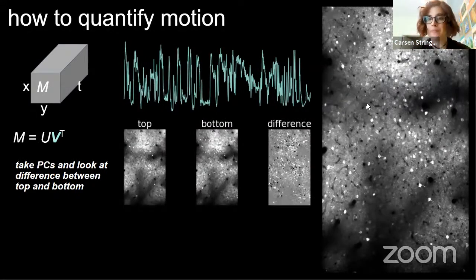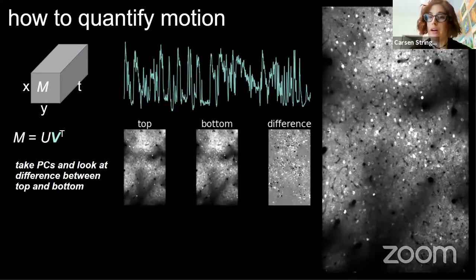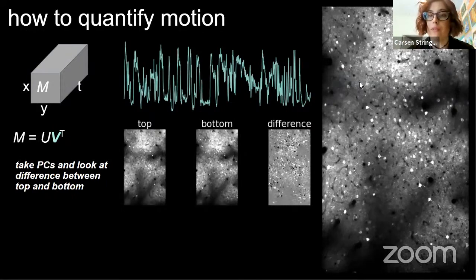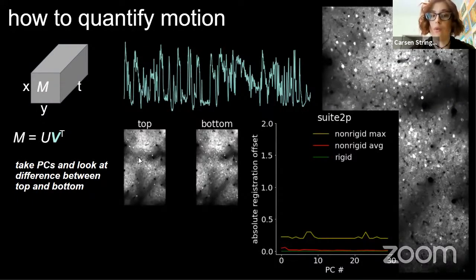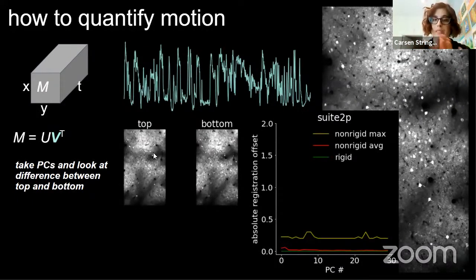I'm showing an example where things work well, where we have non-rigid registration on. But if I had non-rigid registration off, you'd see, for instance, in the corners, things shifting as this flashes. So we have our top and our bottom, and this is how we quantify our registration performance. We register the top frame to the bottom frame and see how far moved from each other they are.